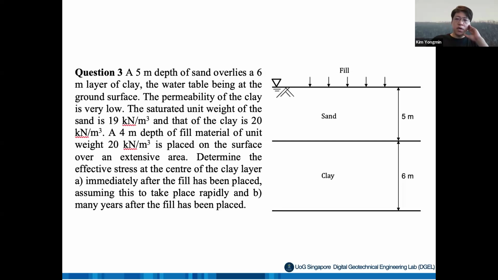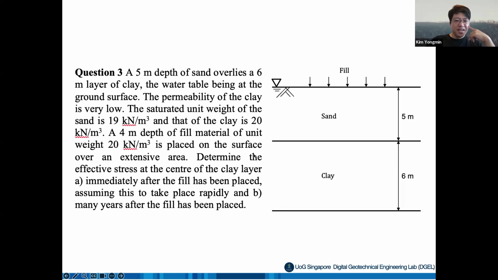Okay, second question. The question was quite long. A 5-meter depth of sand overlies a 6-meter layer of clay. Water table is at the ground surface. Typical situation. The permeability of the clay is very low.